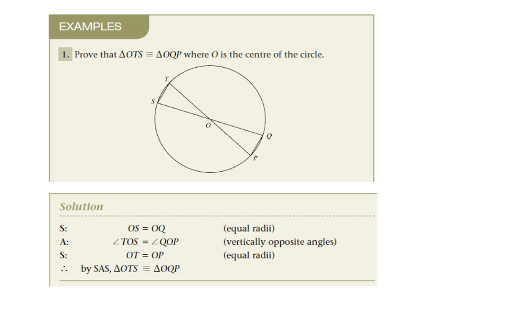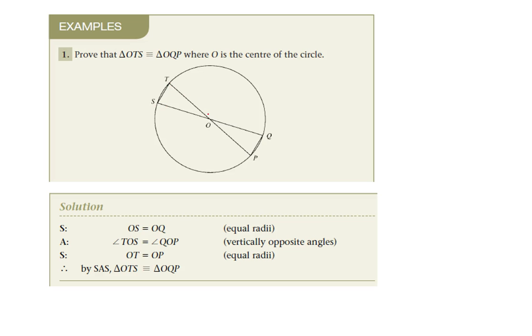Now this slide is an example where you have to prove that triangle OTS is congruent to triangle OQP. The fact that this is drawn in a circle gives us some clues about the radii.